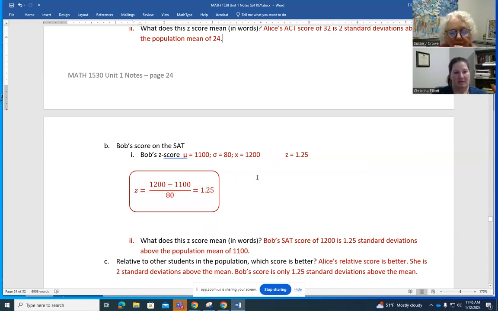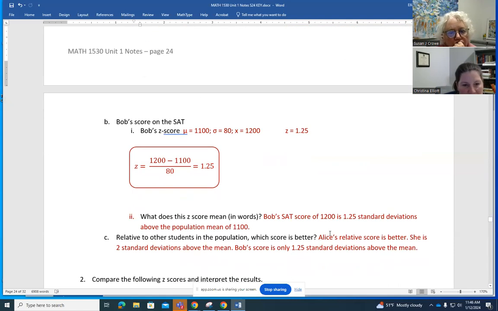When I do the z-score calculation, 1200 minus 1100 divided by 80 equals 1.25. So Bob's SAT score of 1200 is 1.25 standard deviations above the mean. Looking at those z-scores, I can tell that Alice's score is relatively better, because she's more standard deviations above the mean.